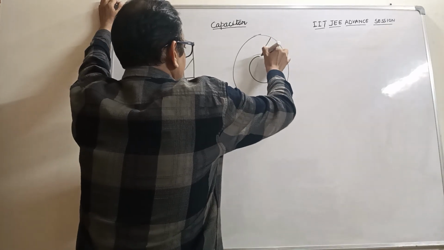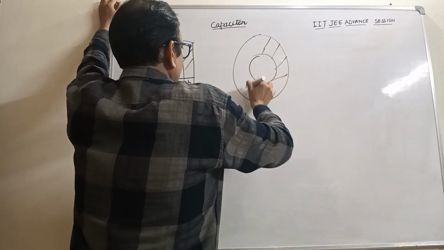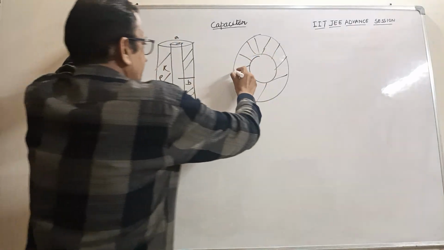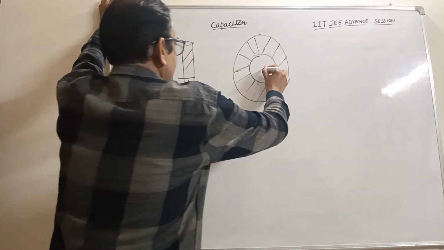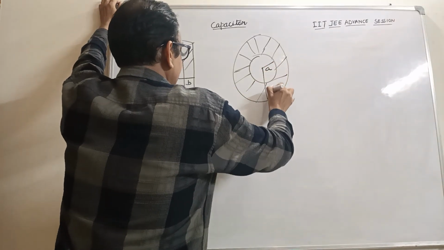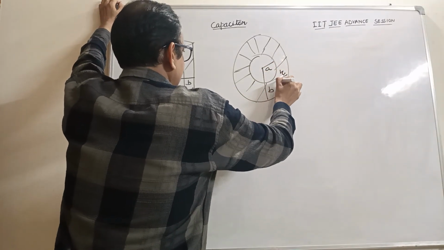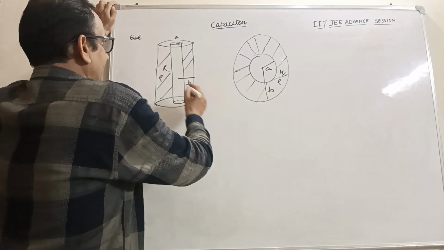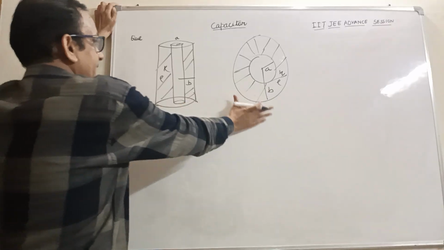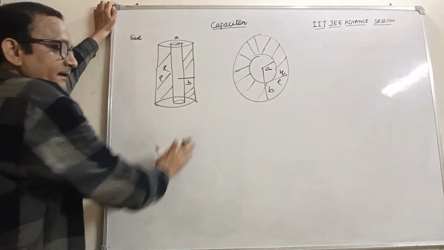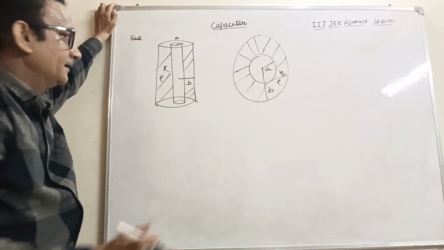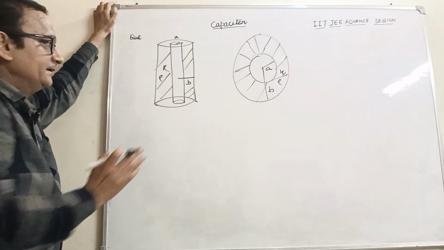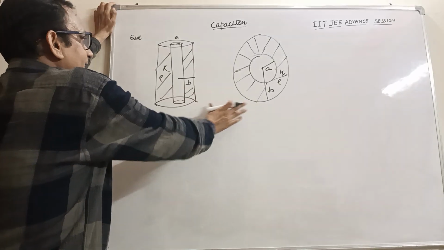Here also the same scenario for the concentric sphere, with radius A and radius B, K is the dielectric and resistivity is rho. So both capacitors are leaking. Here is the case of discharging.